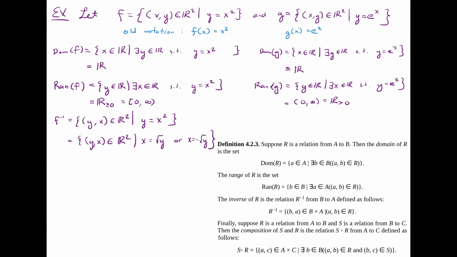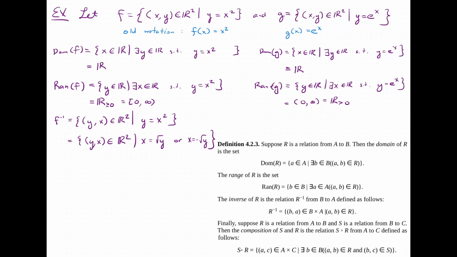Interpreting this the way we perceive functions, for every input we have at most two outputs. If we plug in 4 for y, we have two possibilities, 2 or negative 2. And so this f inverse is not a function. But as a relation, we can still talk about inverses. And that is a benefit of this terminology, rather than functions, which is very rigid.